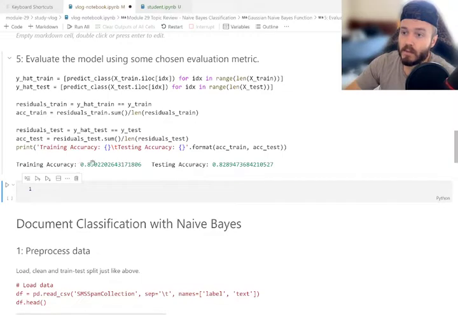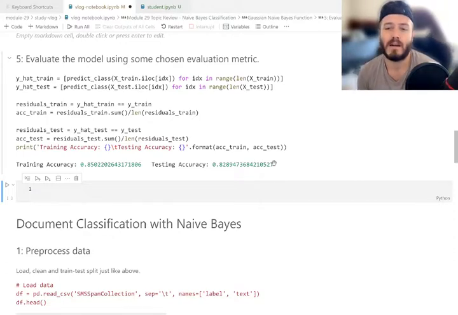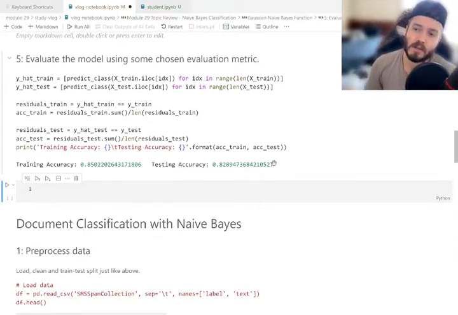And what we're looking for here is not just if it's as close to 1 as possible, but how different these scores are. If our training accuracy was 0.6 but our testing accuracy was 0.9, that would be a red flag. You would be a little suspicious of that test data, and how well it was sampled would be my first instinct.